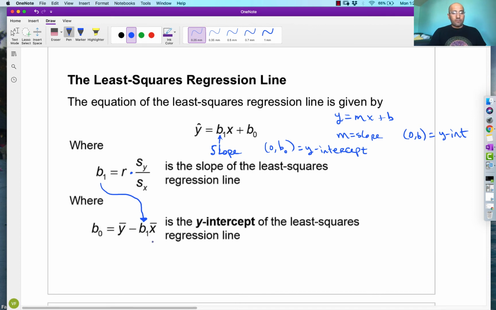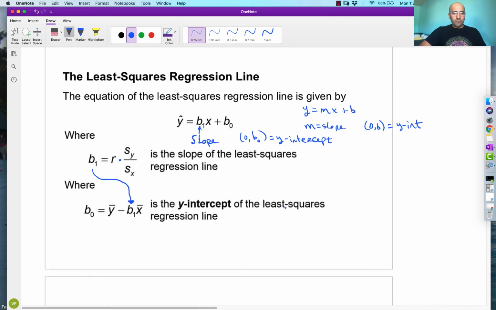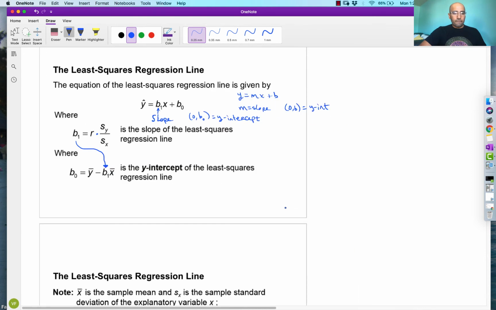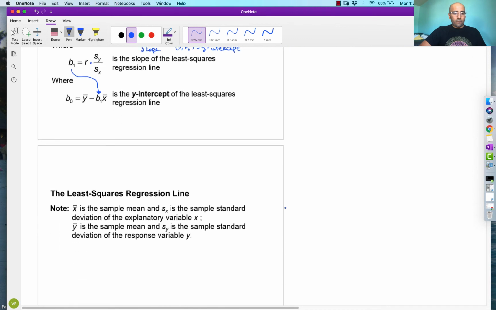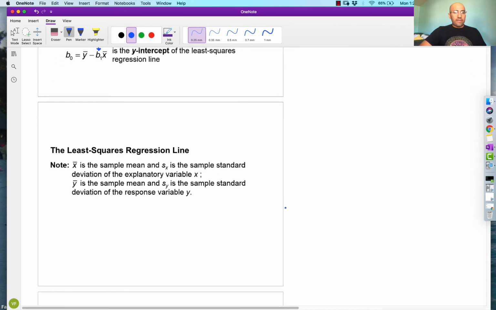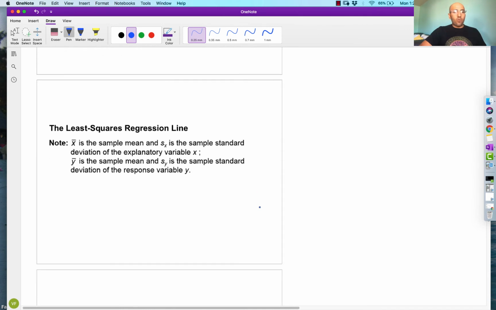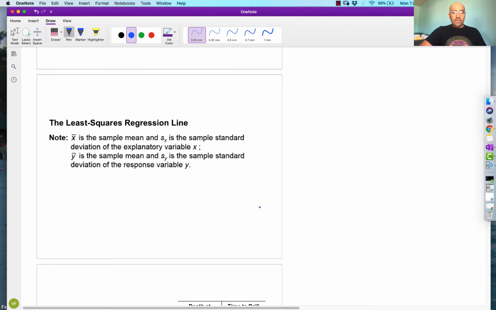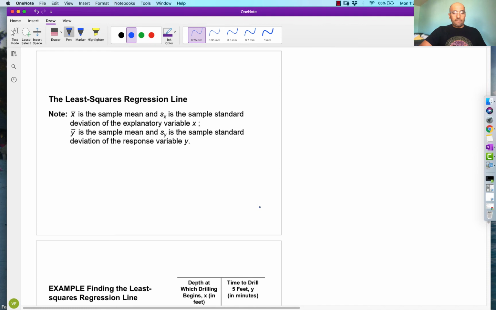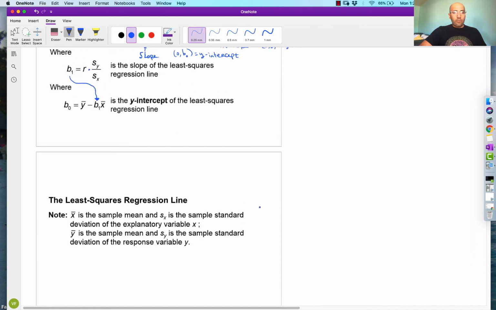Once we find these two values, we just plug them in, and we'll have our least squares regression line. Note that x bar is the sample mean, s sub x is the sample standard deviation of the explanatory variable x, y bar is the sample mean, and s sub y is the sample standard deviation of the response variable y.